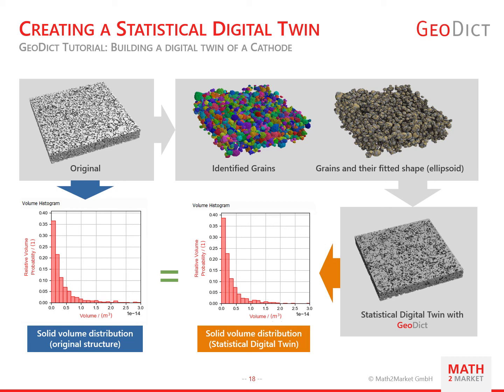And what you see in this image is the overlay between the original and the fitted shapes. And then down below is a statistical twin that was generated with GrainGeo, where all the input data was read from the GrainFind result. And you can see the solid volume distribution matches very well for these two samples. So between the original and the statistical twin, the distribution looks very similar.